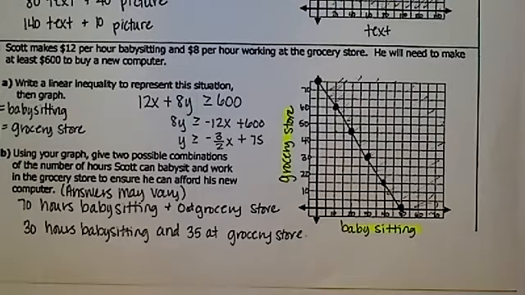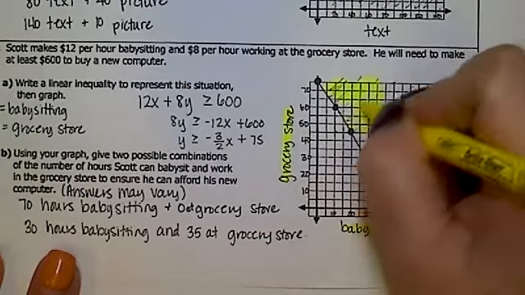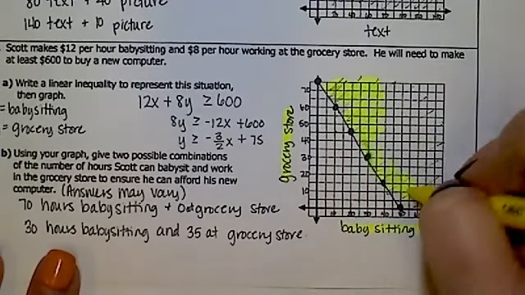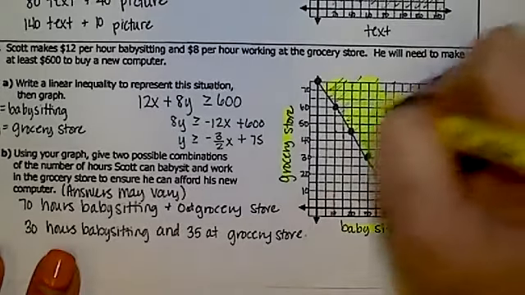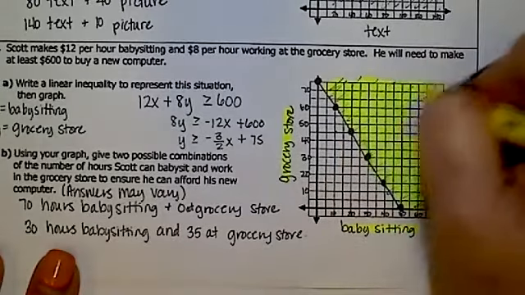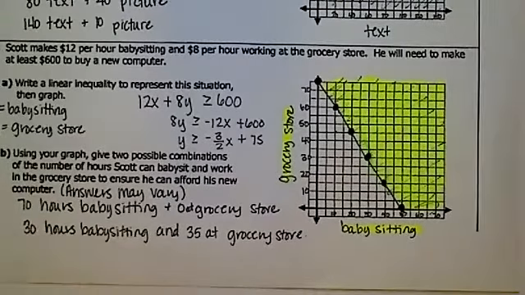And for this, we're wanting to buy a computer. So we need to make that or more. So we'd shade above. So again, your answers might vary.